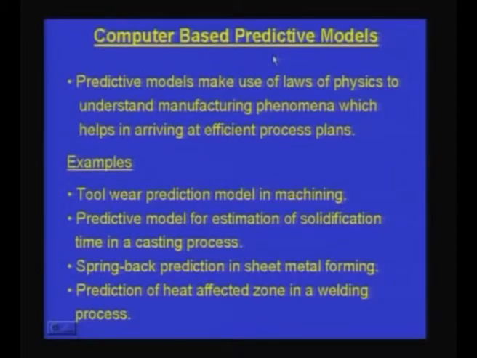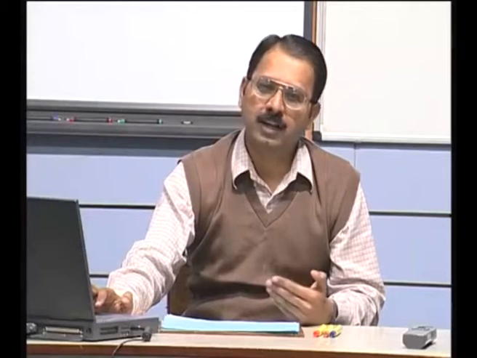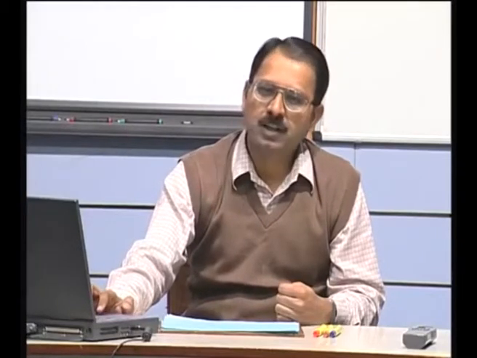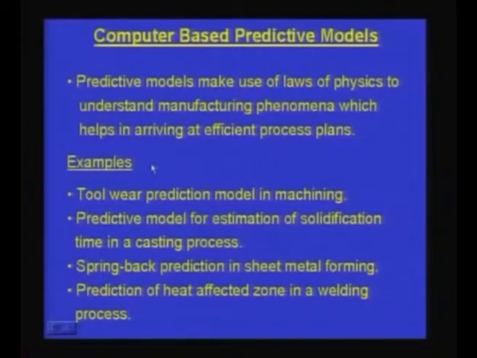A computer can predict, based on, let us say, laws of physics or laws of mechanics, in terms of taking certain decisions. If I am using a computer to take care of this aspect, I can call it computer based predictive models. I have put down a few examples, which will probably illustrate what I mean by predictive models in a much better manner.